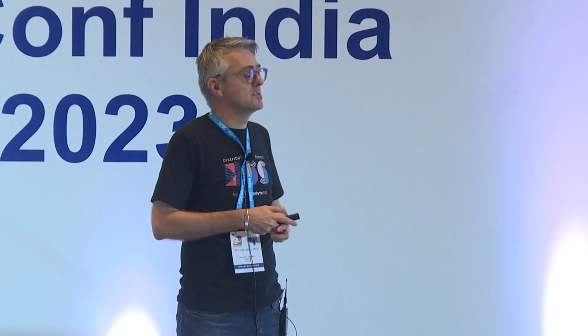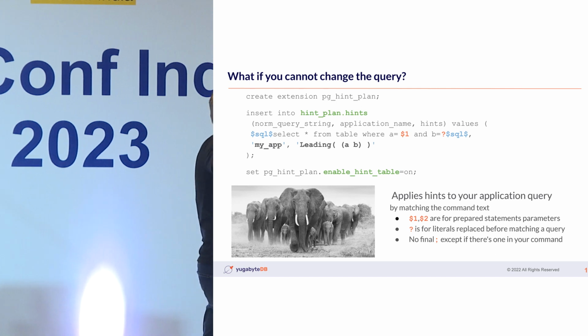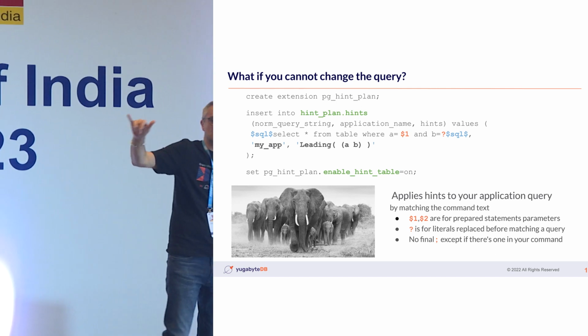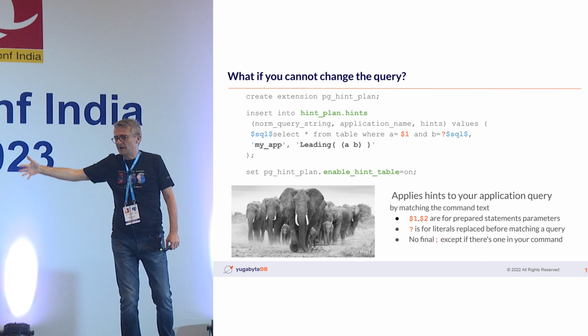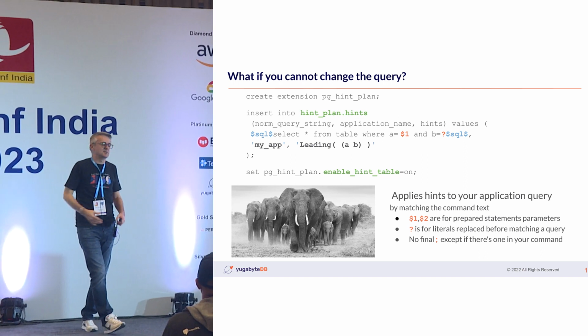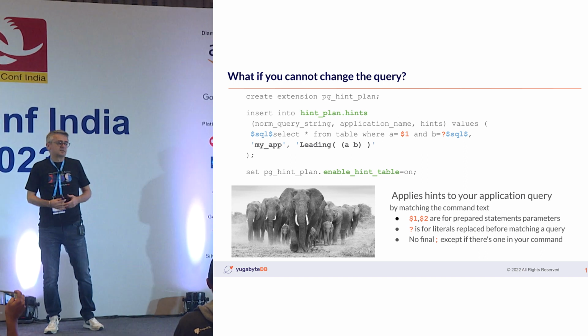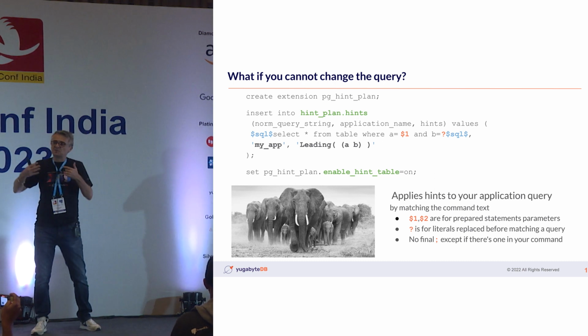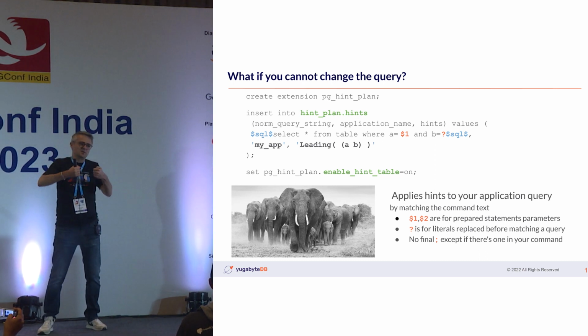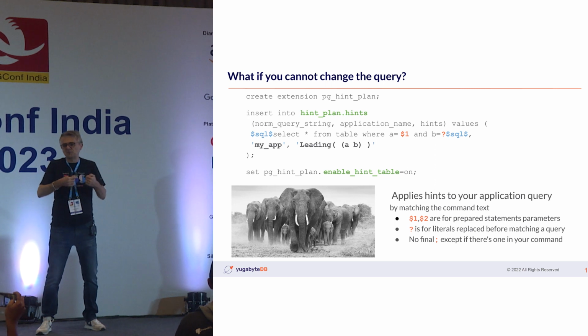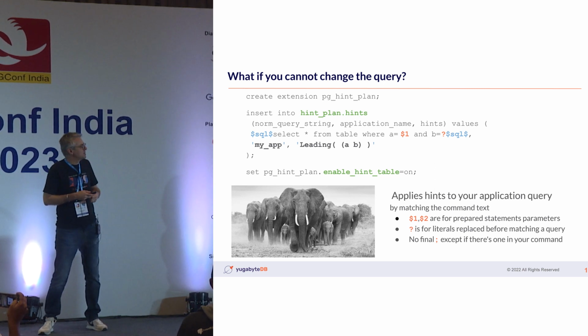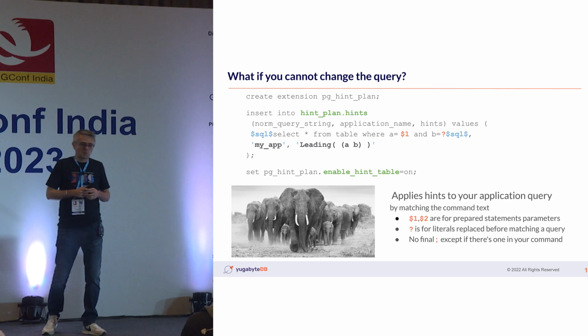With the extension pg_hint_plan, there is a table that is created, hint_plan.hints, and you can put there the text of the query and the hint that you want to be automatically added in front of the query. And of course, if you are not using prepared statements and you have values in your query, you don't want a hint for each value, so the values can be replaced by a placeholder.